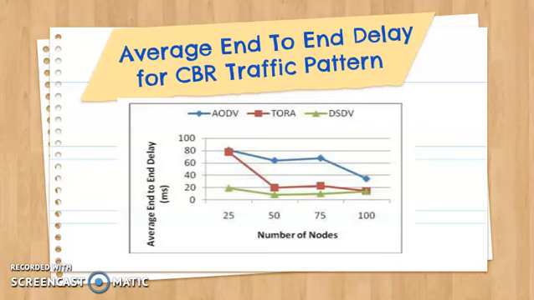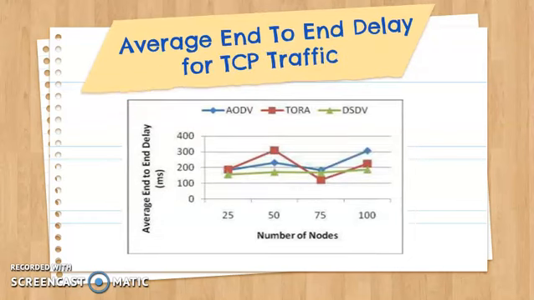The graph shows how the average end-to-end delay for the various routing protocols varies with the number of nodes. This graph shows how the average end-to-end delay for TCP traffic varies with the number of nodes for AODV, TORA, and DSDV routing protocols.